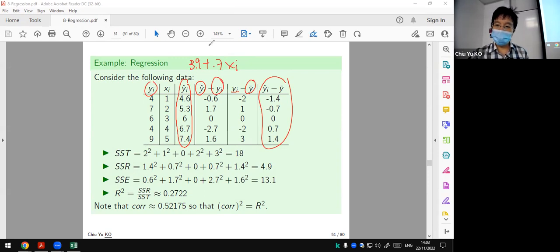And you take all the squares, and the sum of them will give you the SST, right? And this one will give you the SSE, and this one will give you SSR. Maybe I should change the order because it doesn't look very nicely aligned.